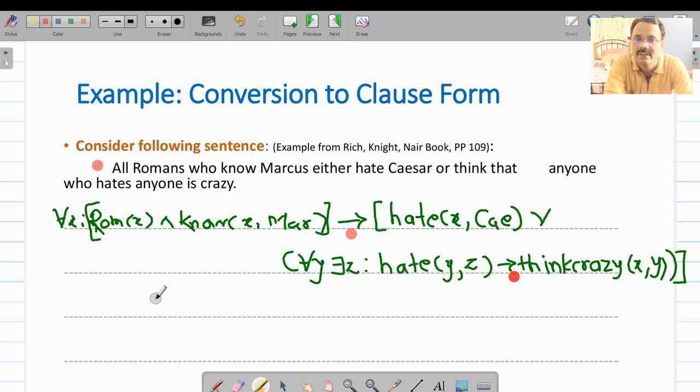So that is equivalent to, write its equivalent form. First we will remove the first implication: not of the left hand side.